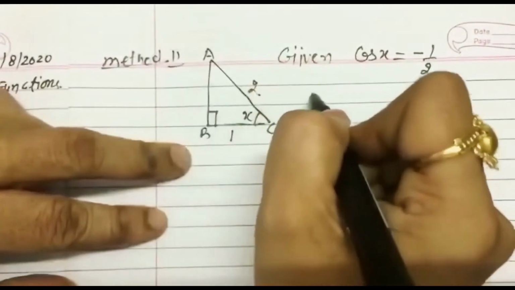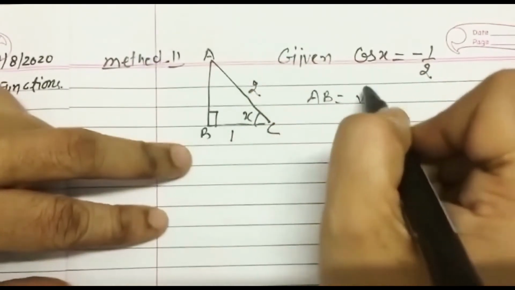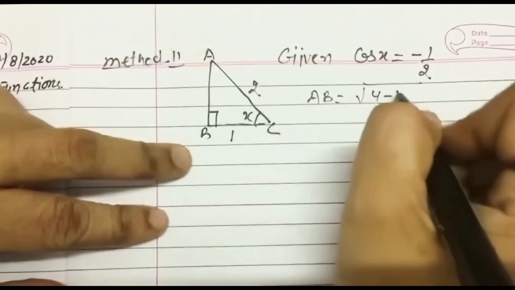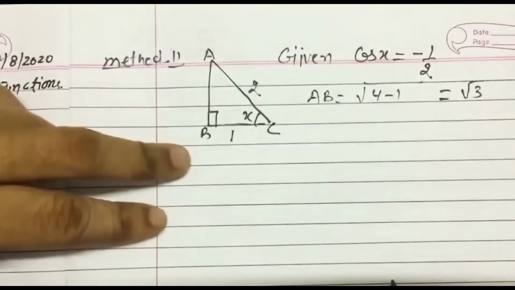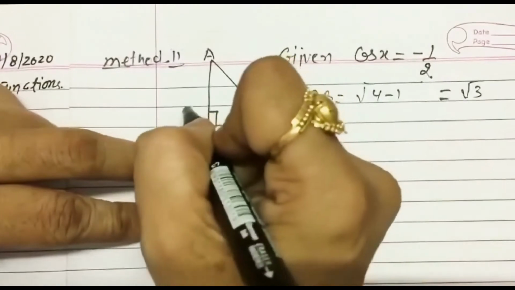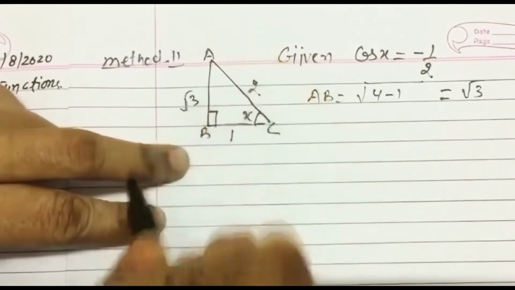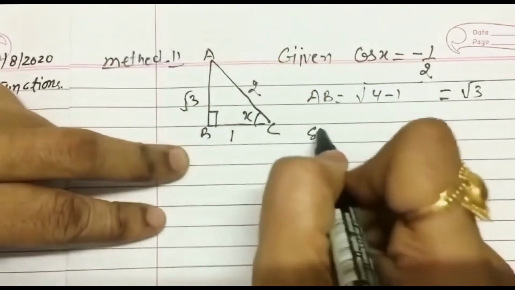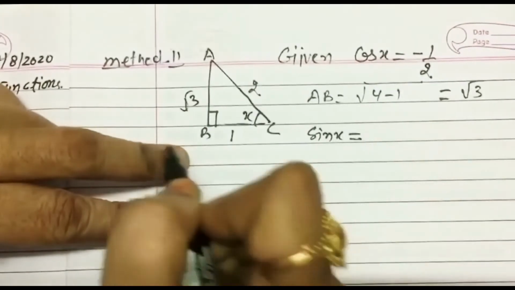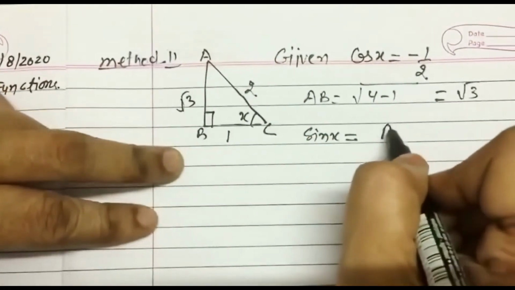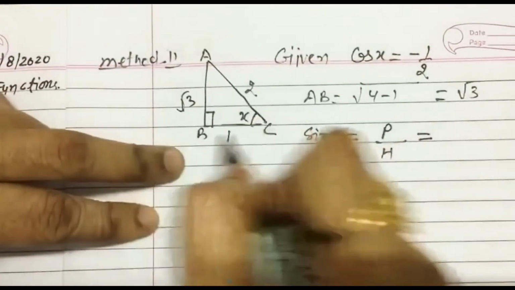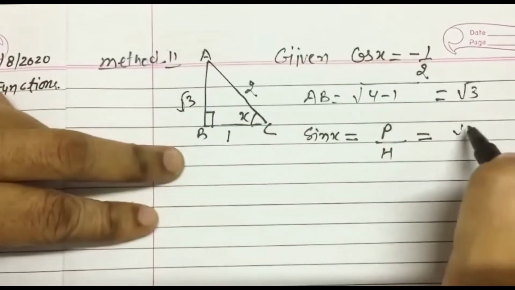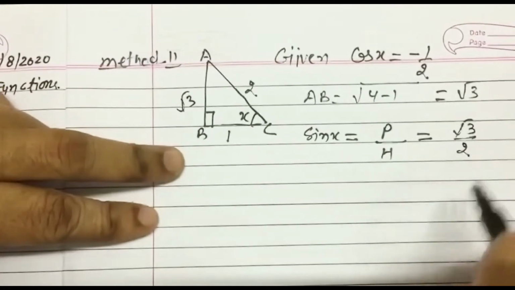You can find AB. It is root of 4 minus 1, so it's root 3 according to Pythagoras. Here now AB is root 3. Now find sin x. Sin x is perpendicular by hypotenuse, you know. So here the perpendicular is root 3 and the hypotenuse is 2.